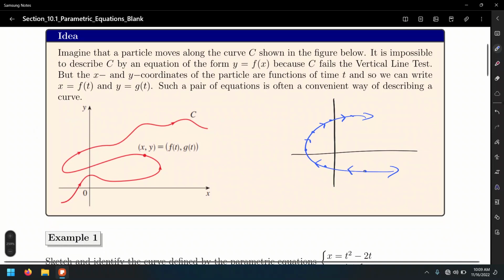In this case, if you consider a particle moving along this path, this particle is never in more than one place at the same time, and you can relate this to those military aircraft. I don't know if you've been to the Miramar Air Show where they do these pretty cool maneuvers.